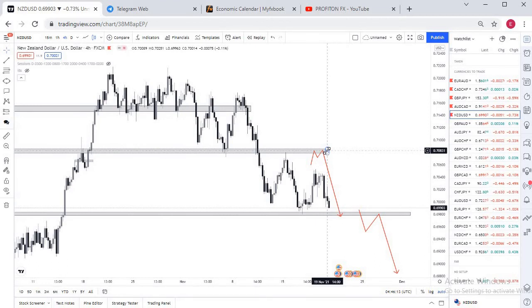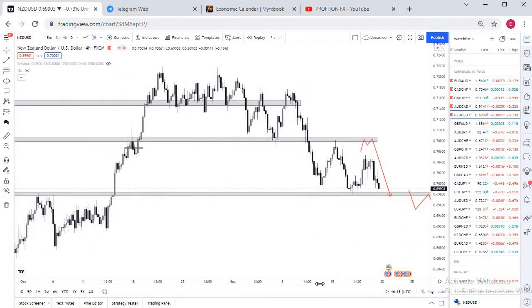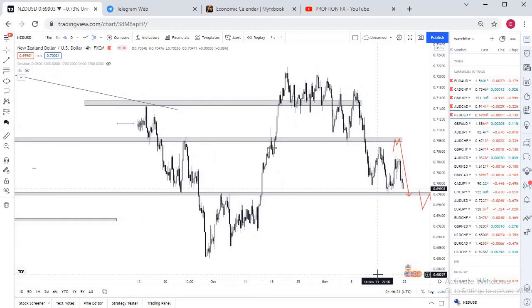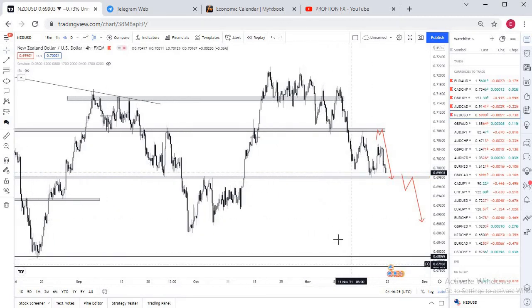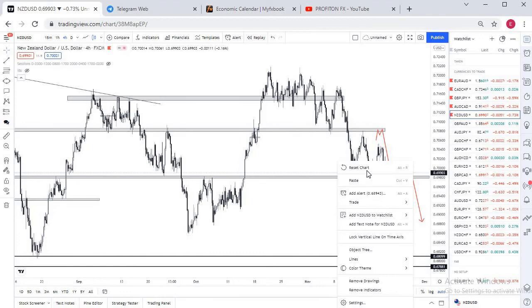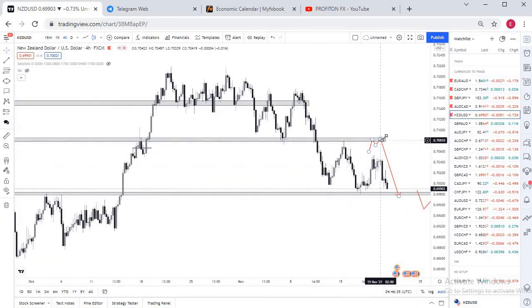So in this case, price is really close to this major support here, and I'll be waiting to see how price reacts to that level. Now previously I was waiting to see if price was going to make another touch at this point.